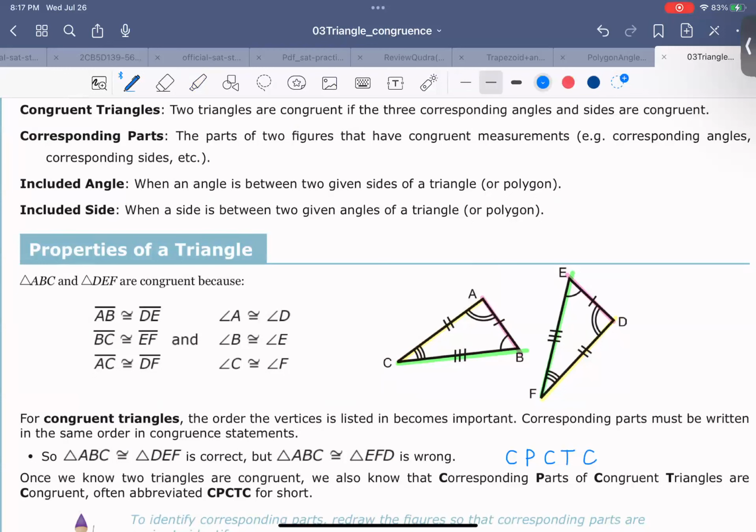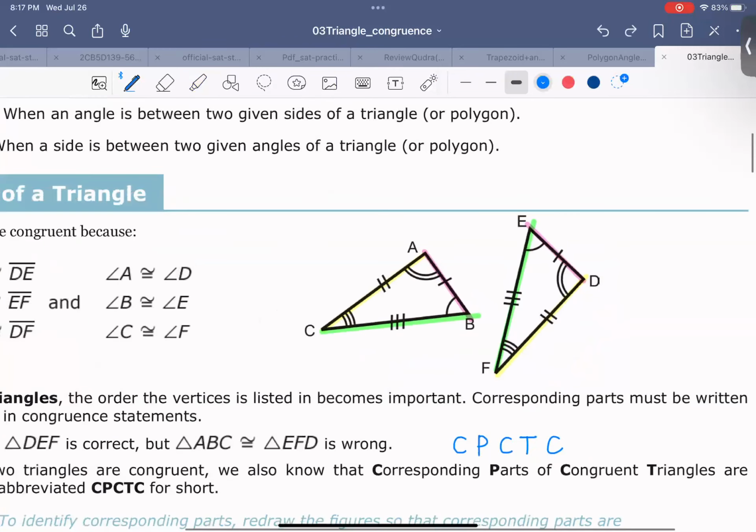Angle A is here, congruent to angle D. Next, angle B is congruent to angle E. Good.